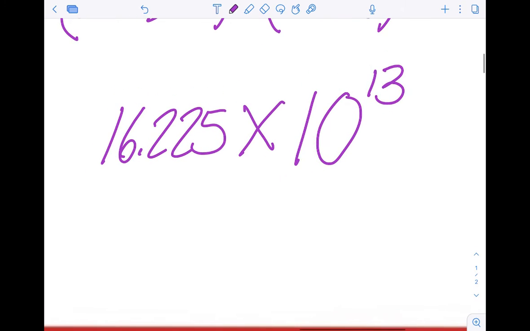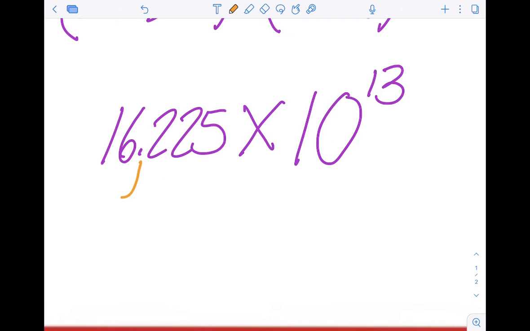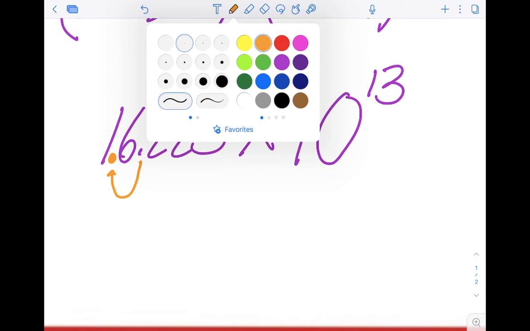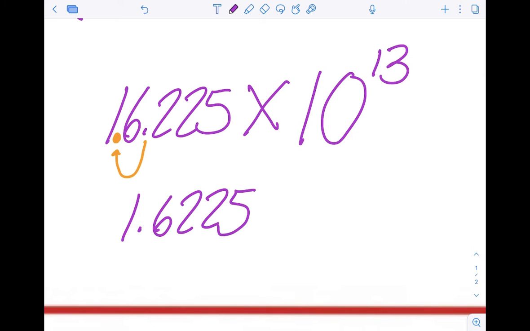But remember, kiddos, in scientific notation, the decimal has to be between the first two numbers. Right here, it's between the second and third number. It's got to be between the first and the second. Simple enough. What I'm going to do is move my decimal over here so it can be here now. So when I write it down now, it's going to be 1.6225 times 10.